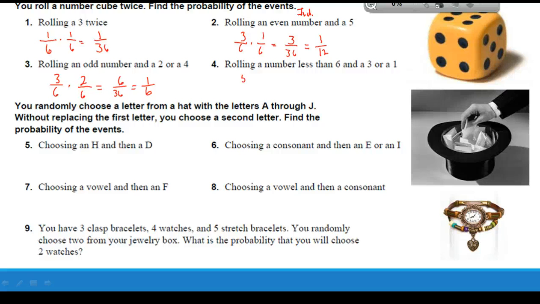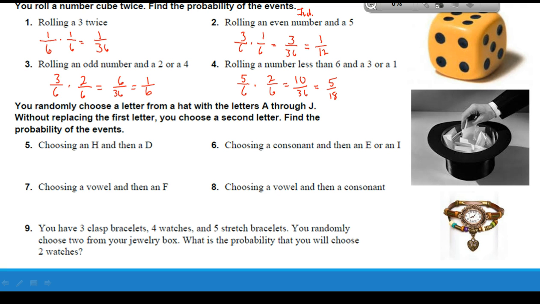So 5 numbers are less than 6 out of 6 possible. And then a 3 or a 1, there's a 1 and a 3, so there's 2 good choices out of 6. So this would be 10 out of 36, which can be reduced by 2, so that would be 5/18. And that is the correct answer, 5/18.